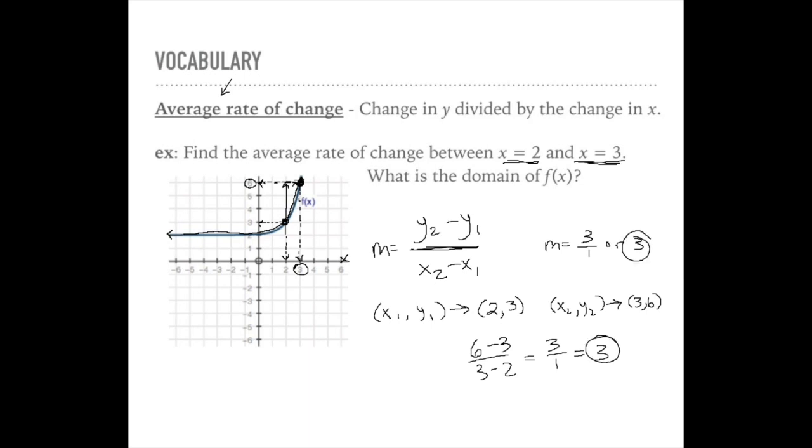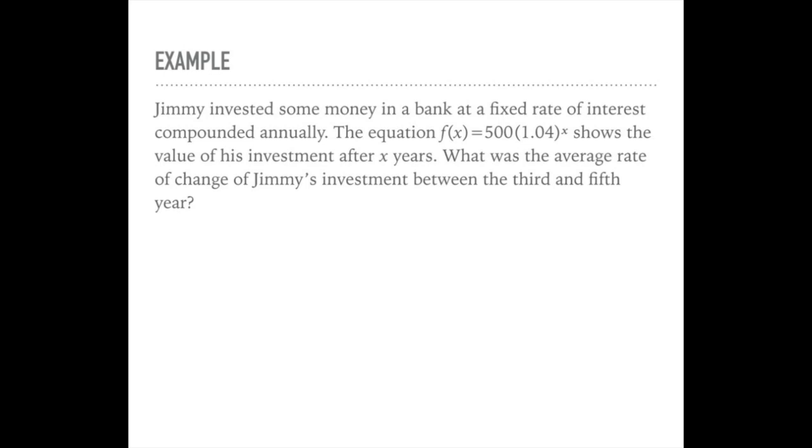Now, it's a little different when you have an actual equation like this one, but it is the exact same thing. The average rate of change is the second y minus the first y over the second x minus the first x. The problem with this one is we're not really told what our y values are.